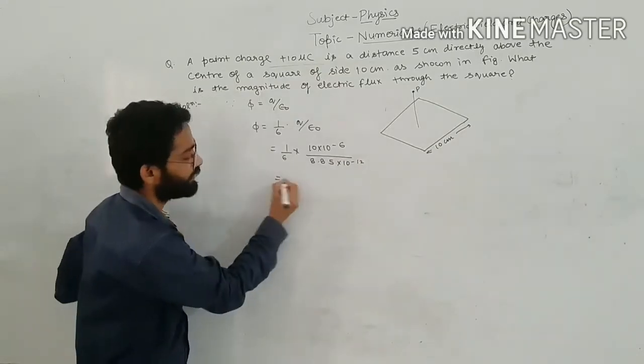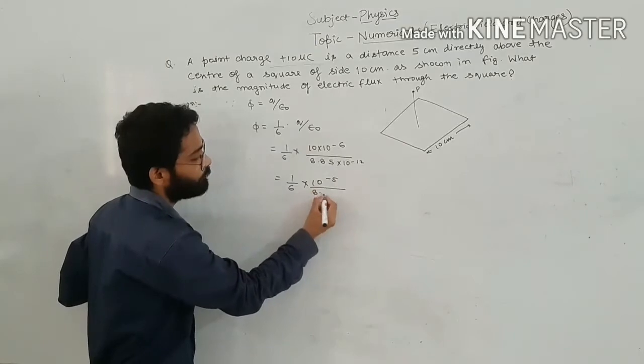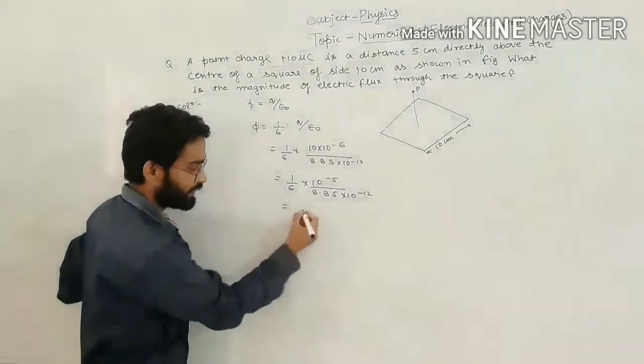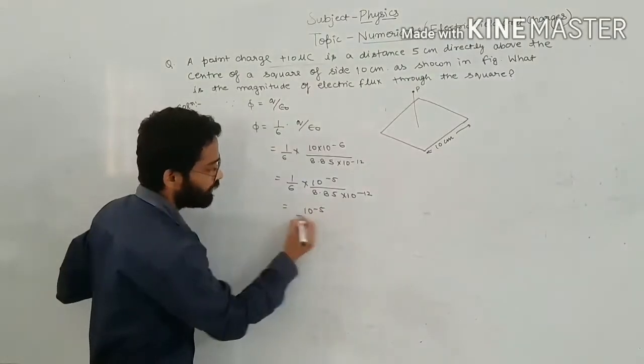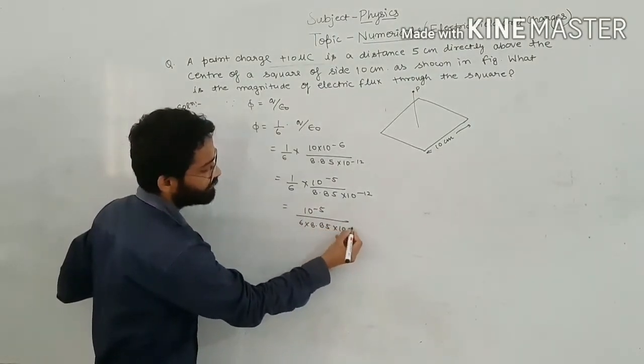So here it is written as 1 by 6 into 10 power minus 5 upon 8.85 into 10 power minus 12, which is 10 power minus 5 upon 6 into 8.85 into 10 power minus 12.